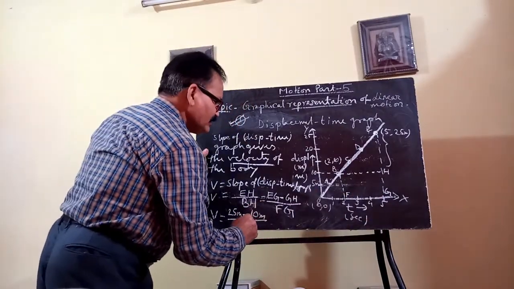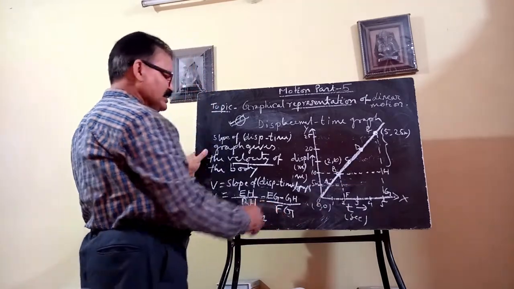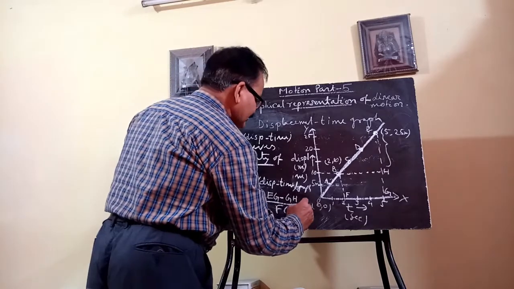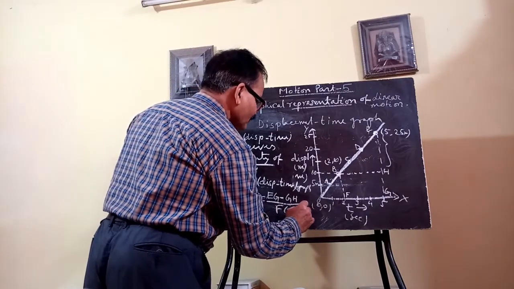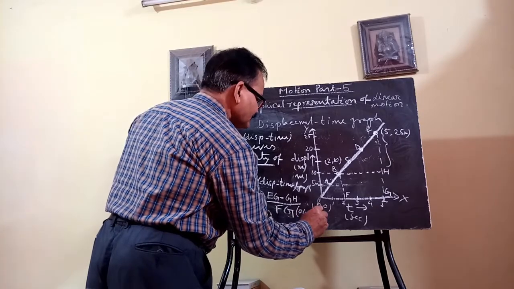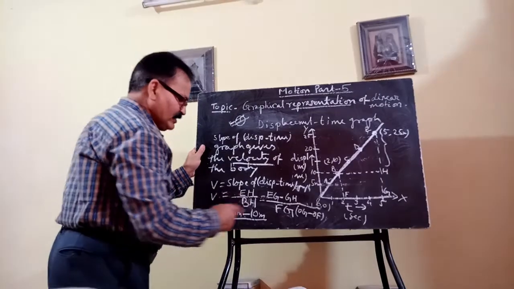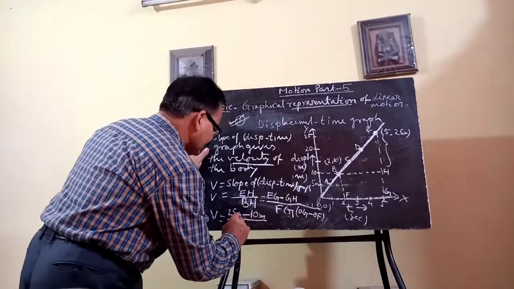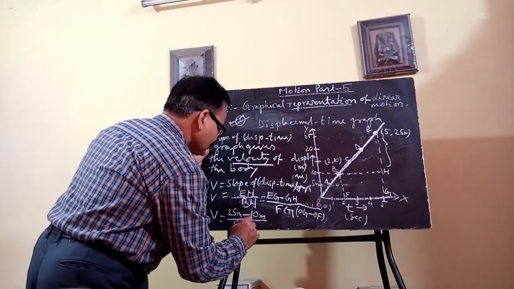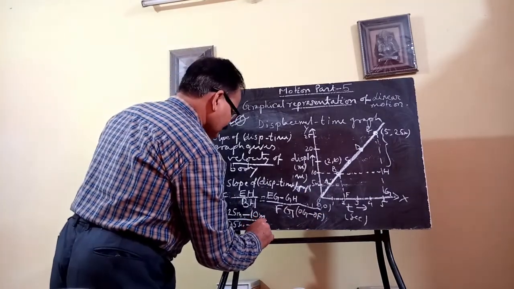Instead of FG, you can also write OG minus OF. So here OG is your 5 second minus OF, which is your 2 second.